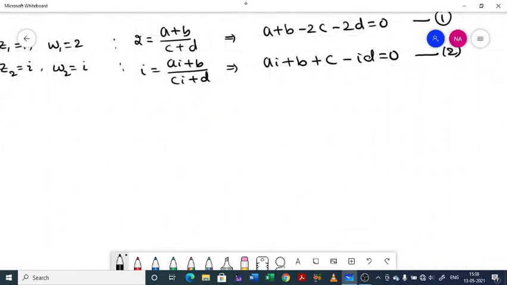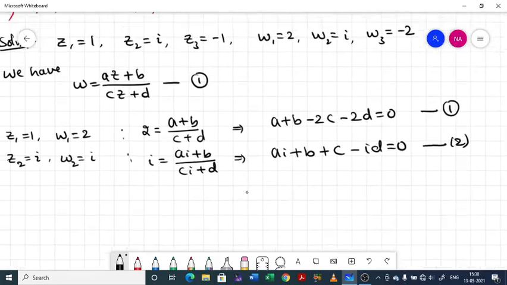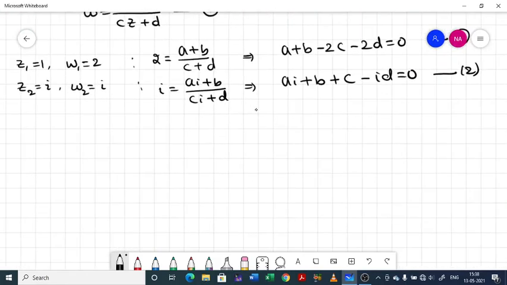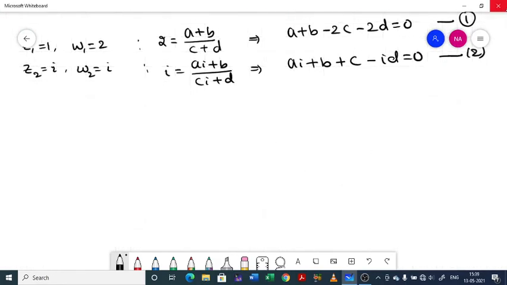So next and finally, the points are minus 1 to minus 2. So here z3 is minus 1 and w3 is minus 2. Minus 1 equal to minus 2a plus b divided by minus 2c plus d.